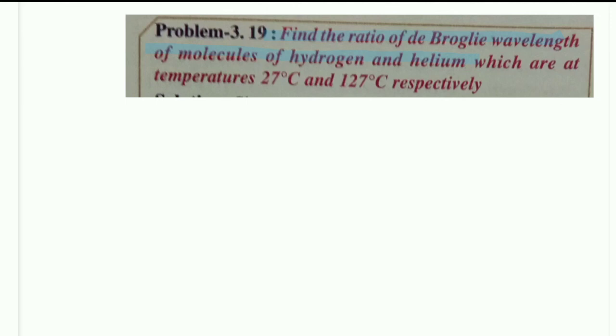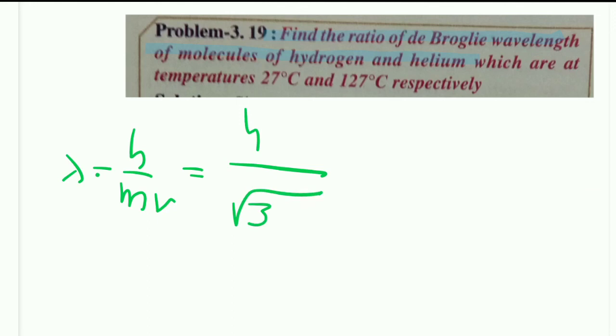Find the ratio of the de Broglie wavelength of molecules of hydrogen and helium which are at temperatures of 27 degrees centigrade and 127 degrees centigrade respectively. So solution: lambda is equal to h by mv, then h by under root 3mkT. This is the temperature related formula.